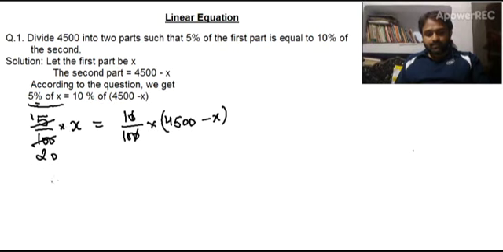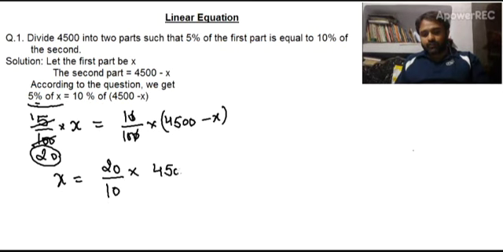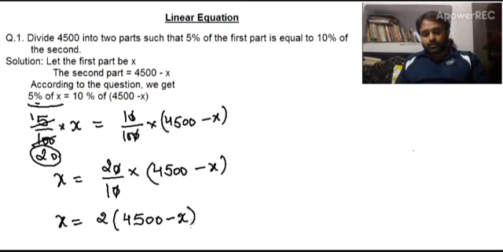Now I want x terms together. So x is equal to, if I take this denominator part to the right hand side, it will come up in the numerator like 20 upon 10 into 4500 minus x. Understood? Then this 0 and this 0 will get cancelled, and x is equal to nothing but 2 times 4500 minus x.